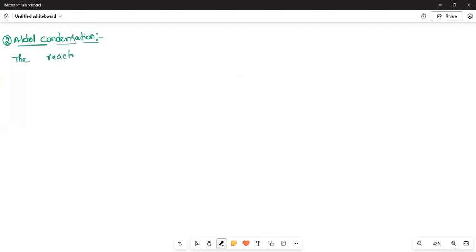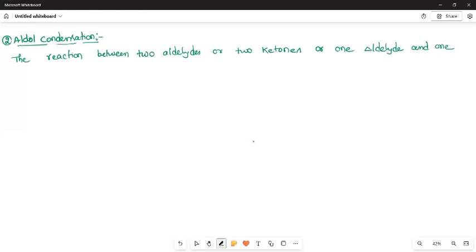The reaction between two aldehydes, or two ketones, or one aldehyde and one ketone, with alpha hydrogen atoms, in presence of a base. This is a very, very important point.